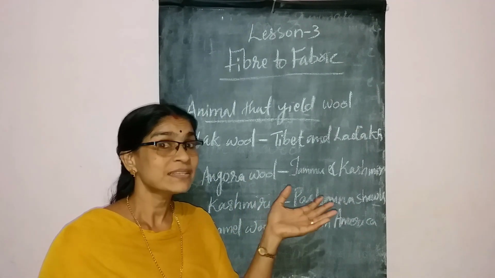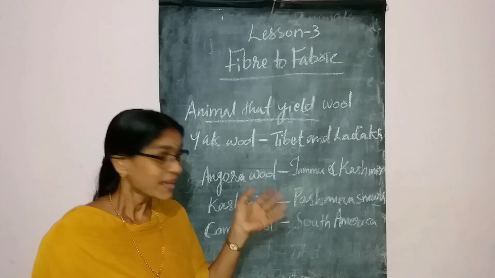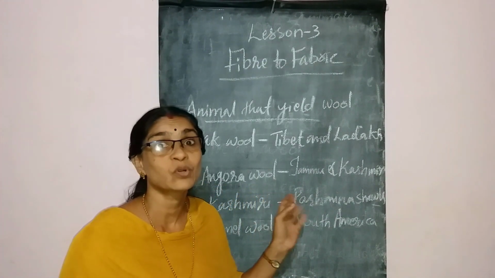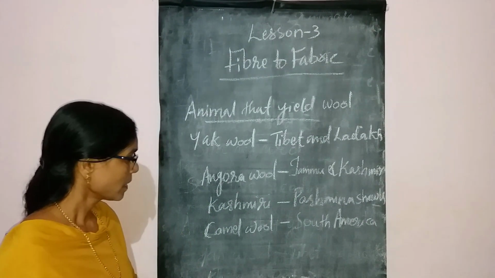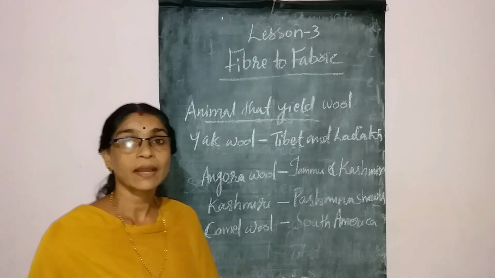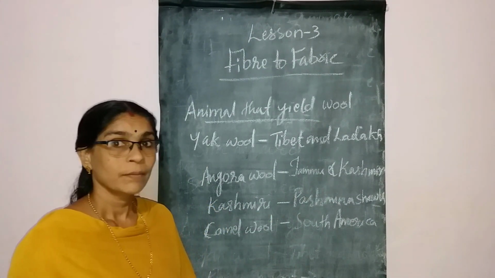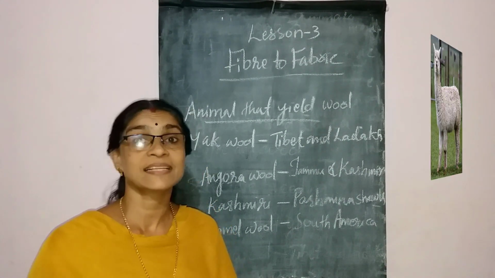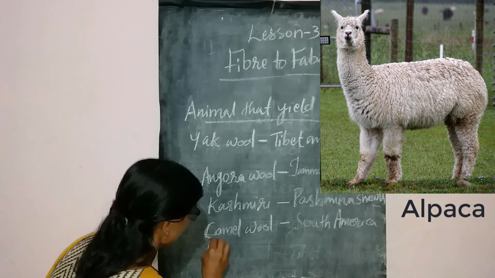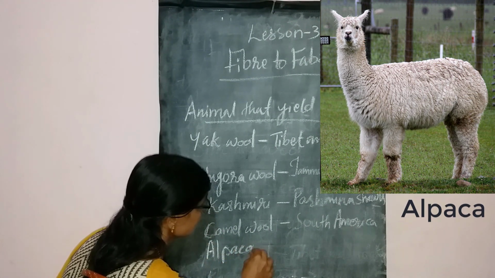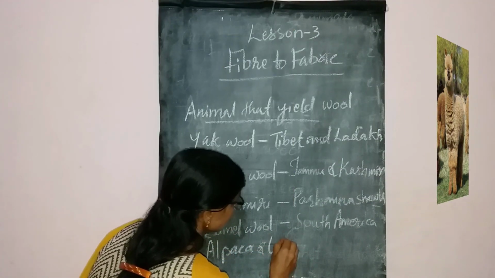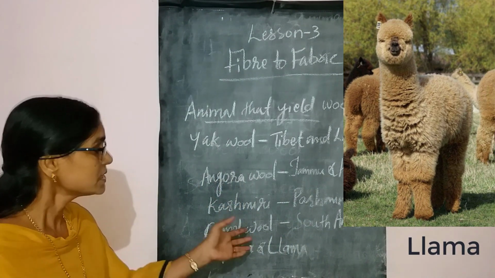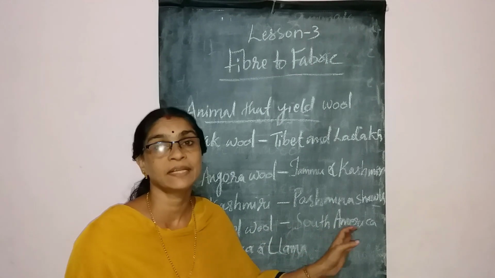You may also have such a Kashmiri shawl. That Kashmiri shawl is made from the wool of goat. Camels also provide us wool, mainly varieties of camels like alpaca and llama. Alpaca and llama provide us wool which is familiar in South America.